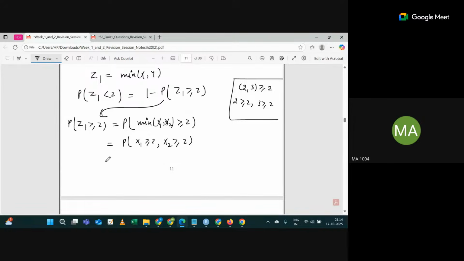Since these two are independent, I can write probability x1 is greater or equal to z times probability x2 is greater or equal to z. Now since these two are IID, I can write probability x is greater or equal to z, whole square, and finally you can substitute the value here and you will get the answer. Is the idea clear?